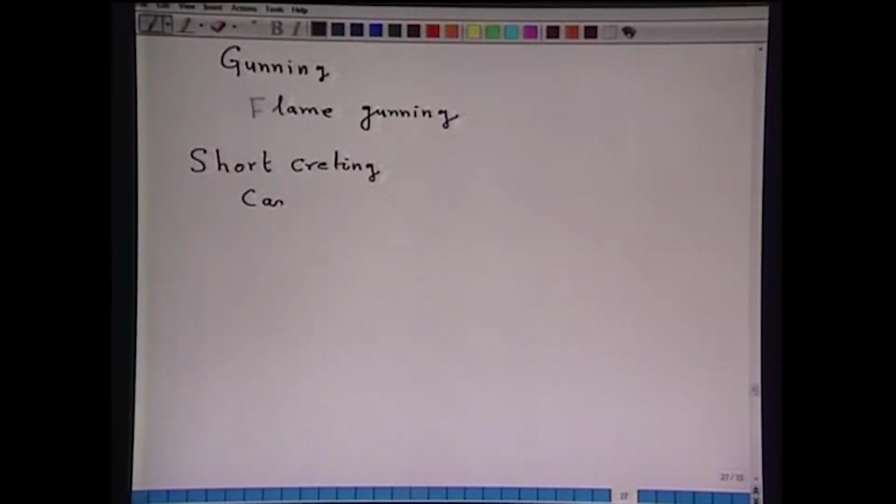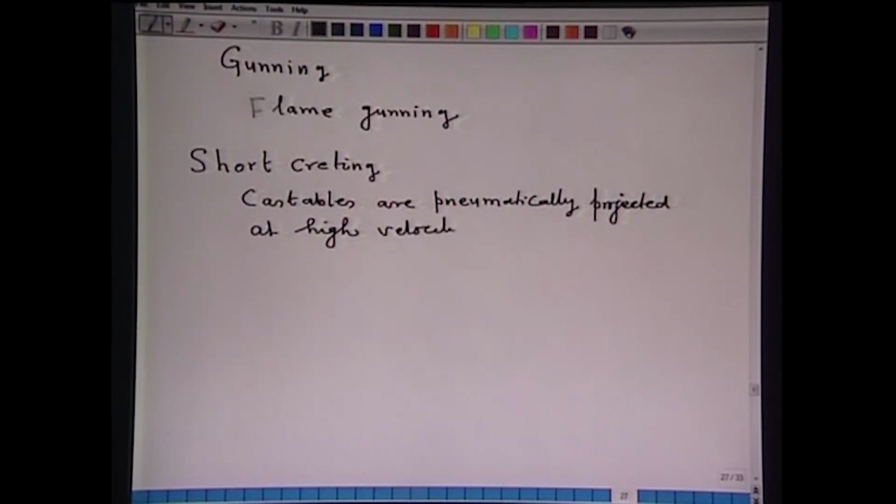This is the process by which castables are pneumatically projected at high velocity on to a surface.